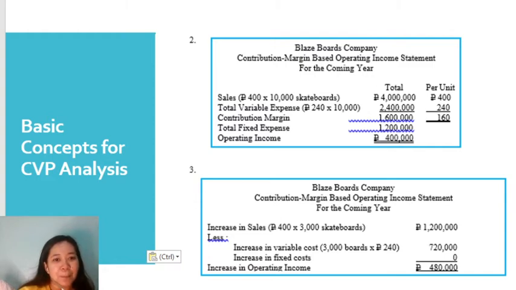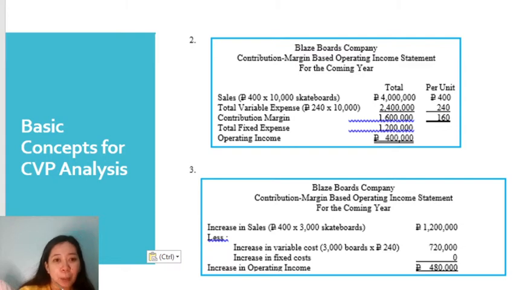When we say relevant range, there is a certain level of number of units in which the fixed cost will remain fixed. For example, the amount of 1.8 total fixed cost will be fixed up to 20,000 units. What about if the units will increase to 25?